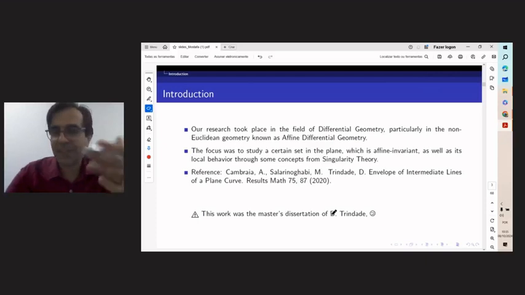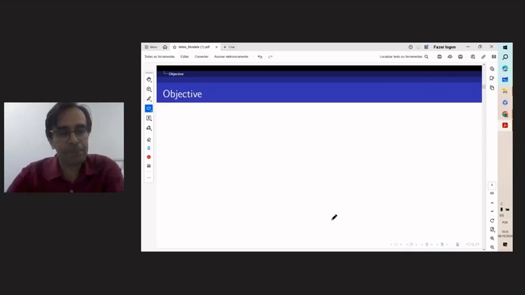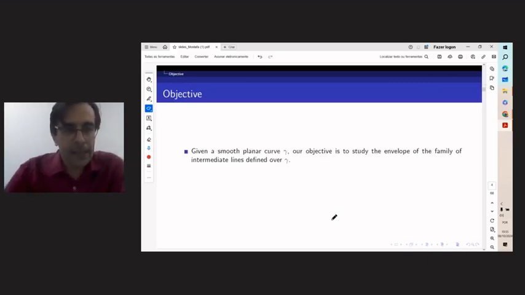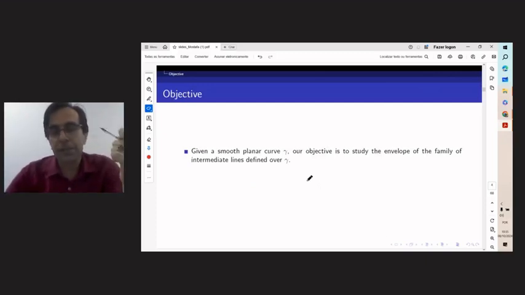So if this work seems very easy for you, I do apologize. Suppose that gamma is a plane curve. Our goal here is to study the envelope of a family of intermediate lines. What is envelope?